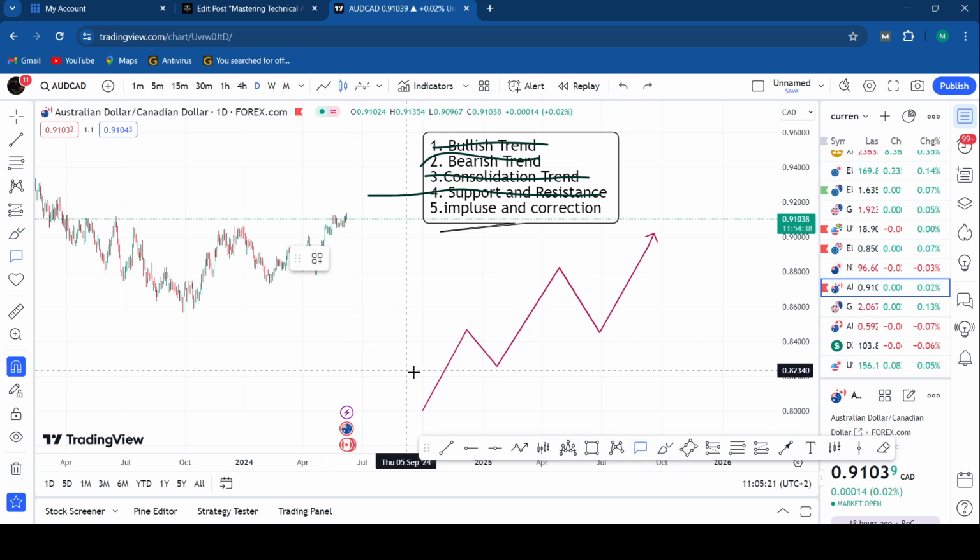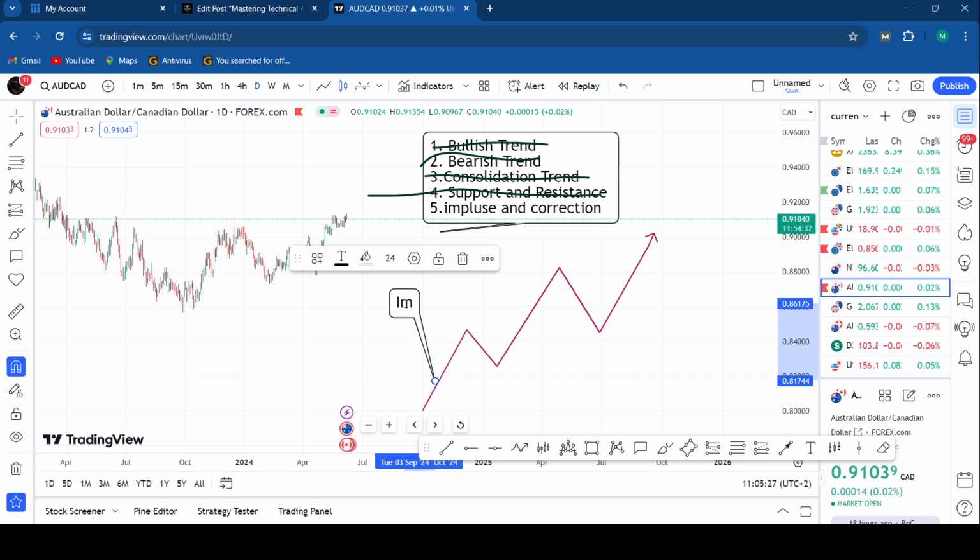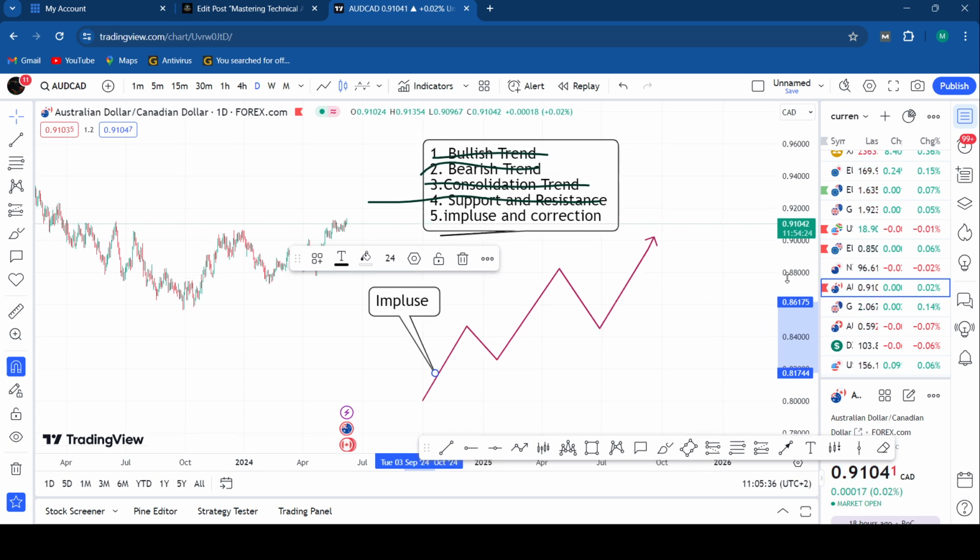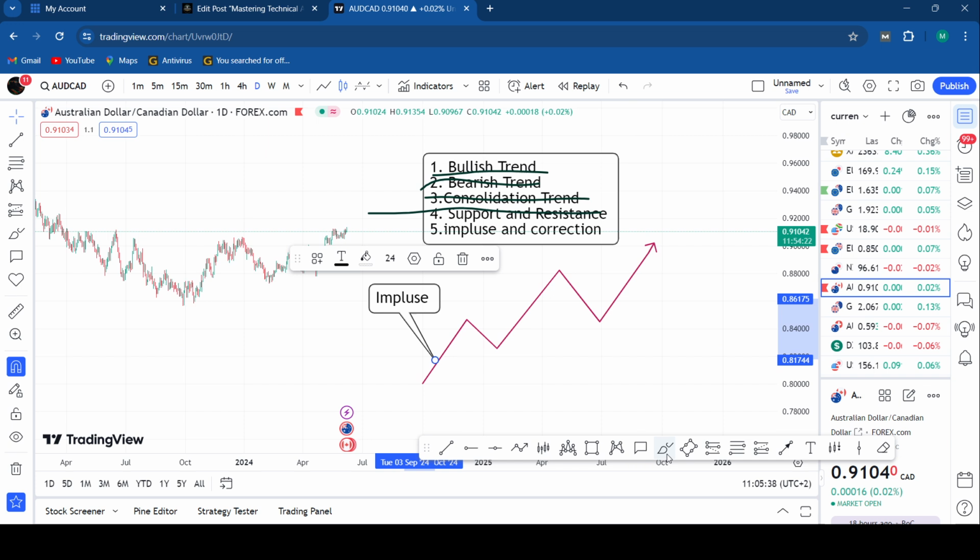Let's do that again. An impulse move is basically when the market moves with force, when it moves to the upside with force in a bullish trend. So this right here would be considered our impulse move.